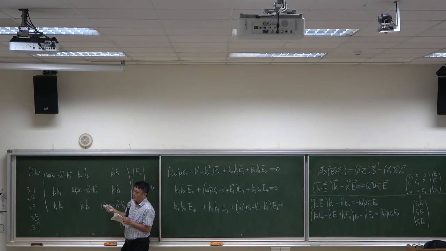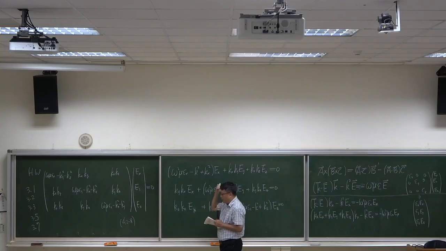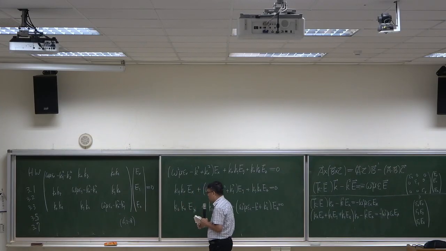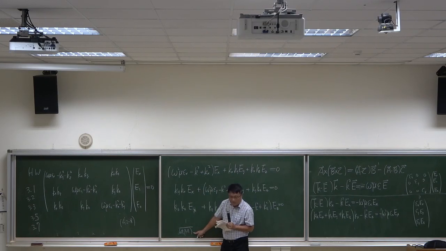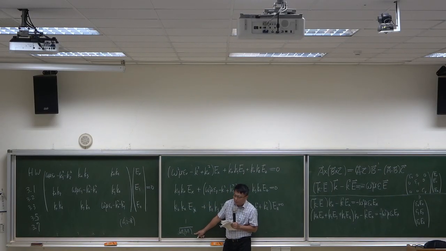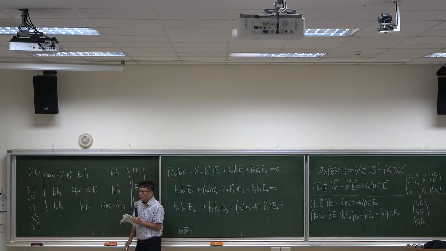Okay. Cannot have inverse. We know that there is a formula to write down the inverse of a matrix. If you note the formula, then you will see that in the formula there is a denominator equal to the determinant of the matrix. So if the determinant of the matrix is not equal to 0, you can always define the inverse matrix, multiply it to cancel, and get the conclusion that E is equal to 0.